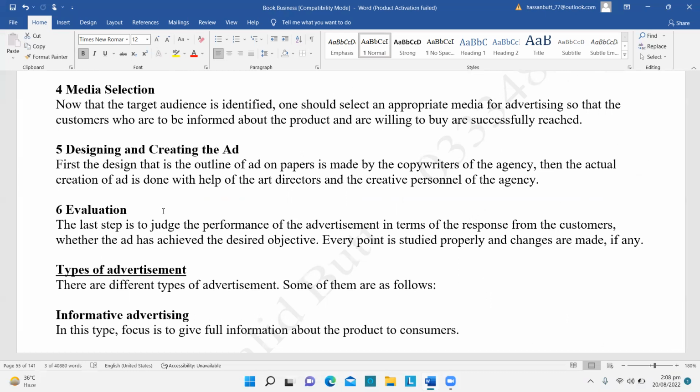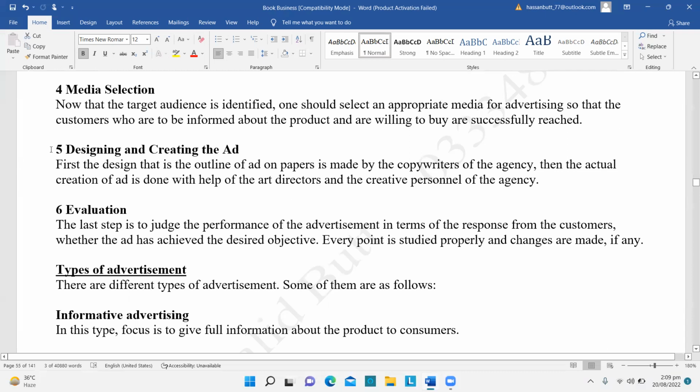But if you have a small shop in a small town, then a banner or a hoarding or pamphlets, handouts might be more suitable because you require a limited circulation. You do not have a large number of customers throughout the country or that area. It would save your cost as well.